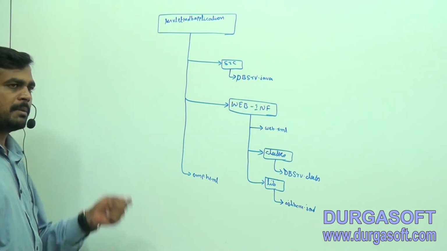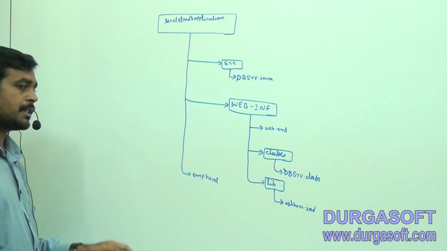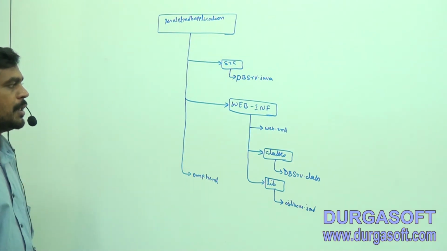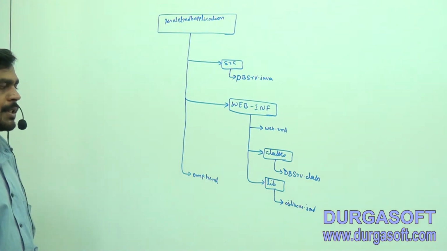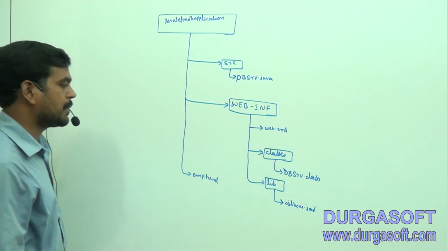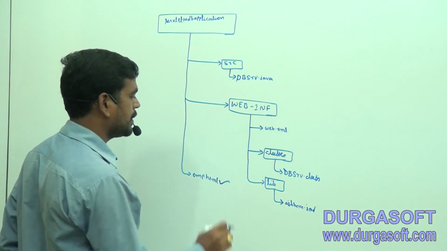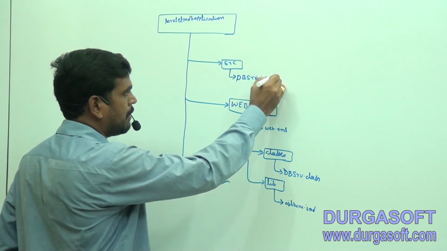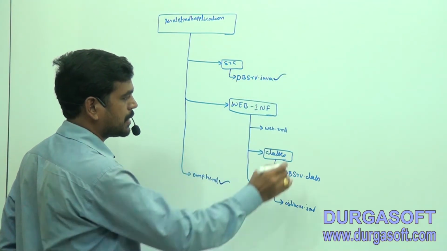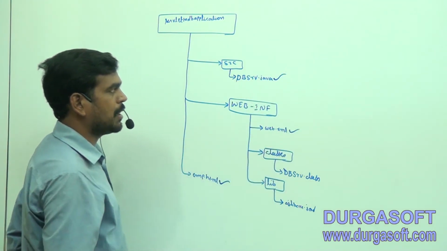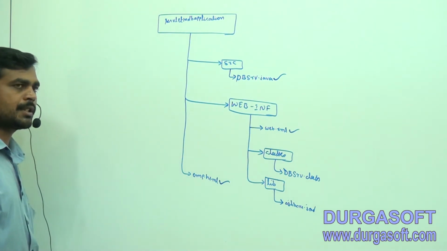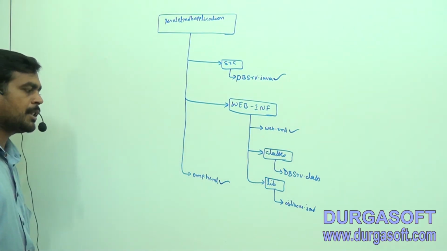After developing the web application architecture, the next step we have to do is develop the web resources. Web resources means HTML page, Java files like this, and web.xml, all come under web resources. We have to develop the web resources.